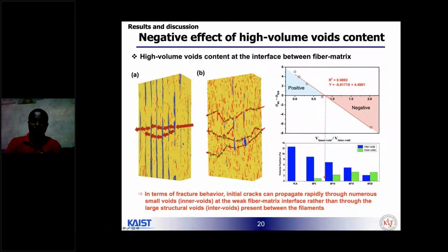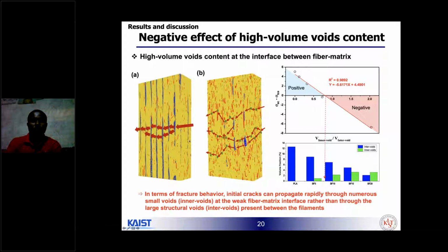This is because the inner void at the interface between fiber and matrix lowers the load transfer from the matrix to fiber and acts as a major crack path, thereby leading to brittle fracture.